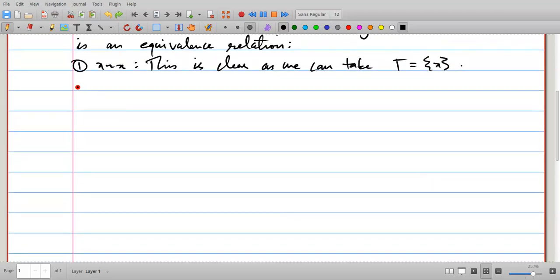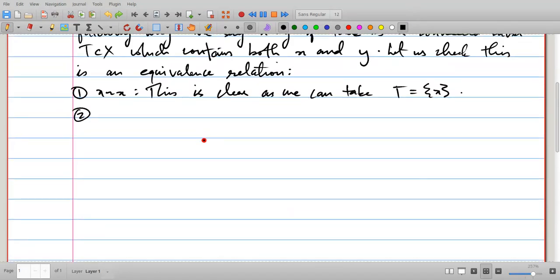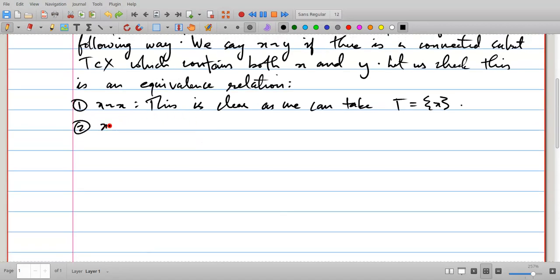The second condition is if x is equivalent to y, then we have to show that y is equivalent to x. But this is also obvious because x is equivalent to y implies there is a connected subset T which contains both x and y, and that same subset will work for y equivalent to x.